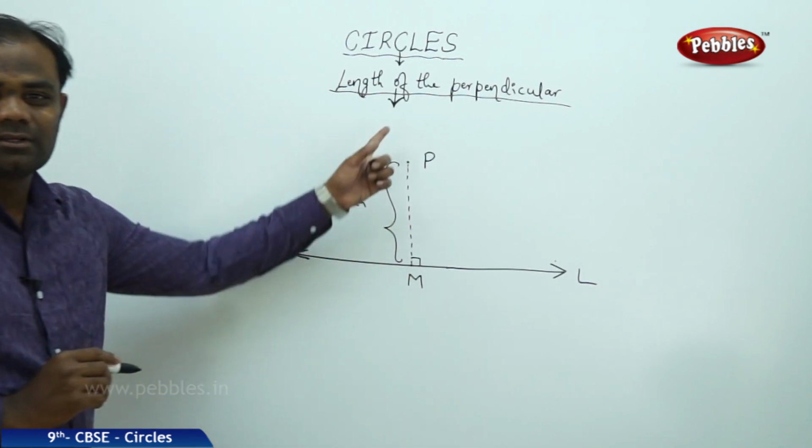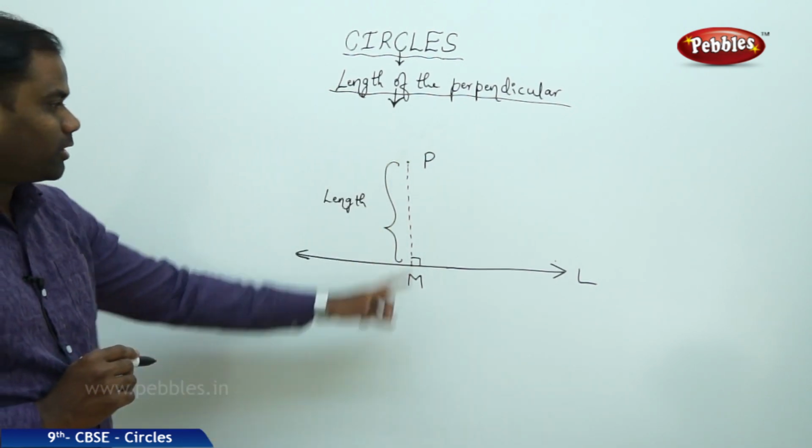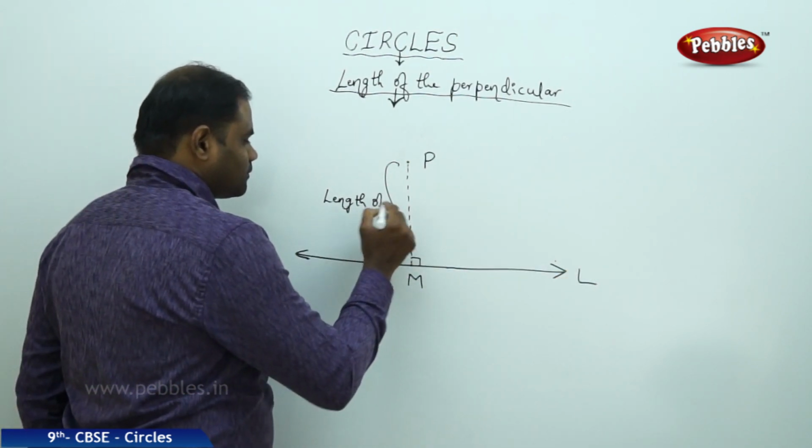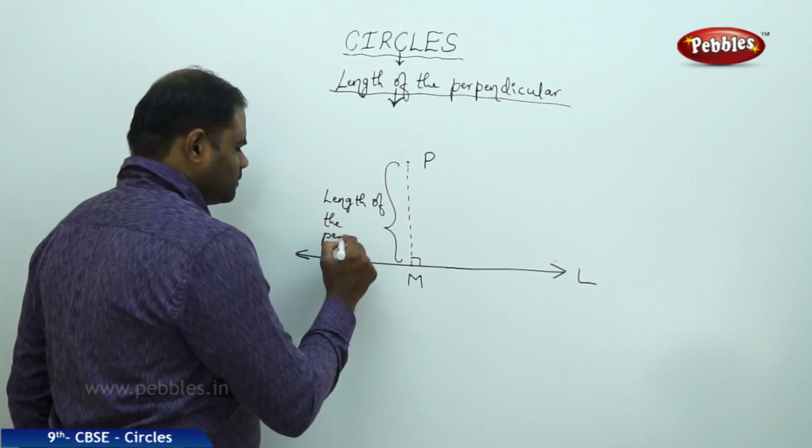So here the length PM is called length of the perpendicular. So this length which we define from point P to the line L is called length of the perpendicular.